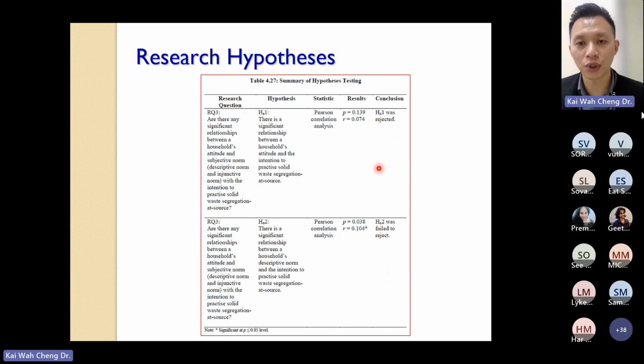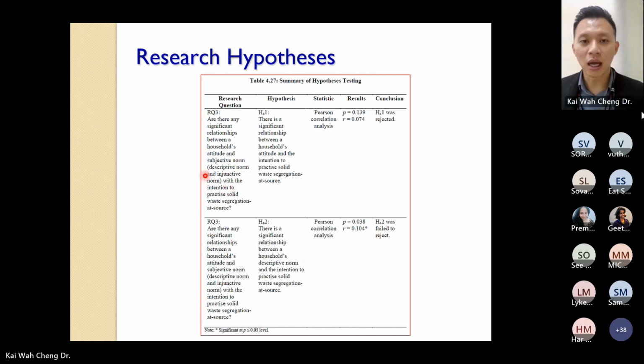You should have this table with you if you are preparing a Master of Science or PhD dissertation. This is a summary table for your research hypothesis, and your research hypothesis should be aligned with your research question and research objective.